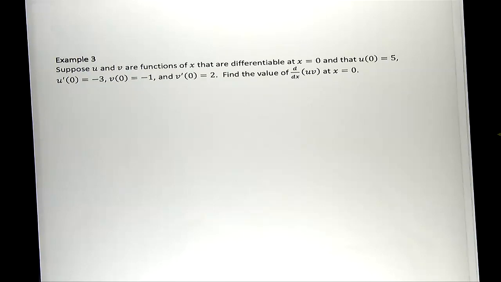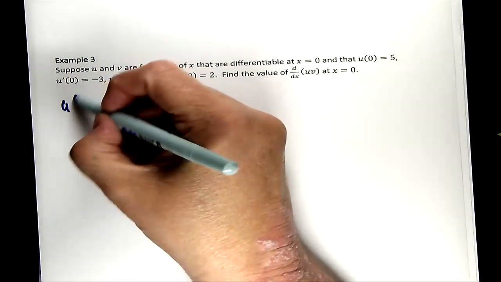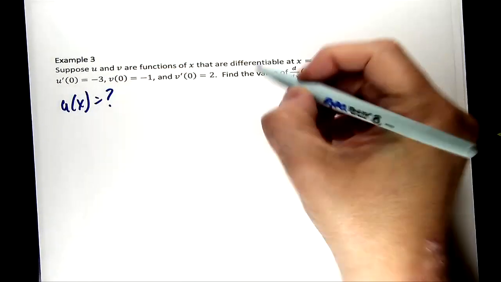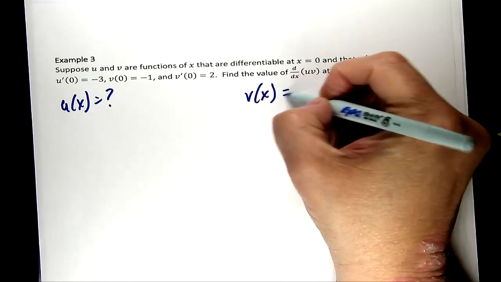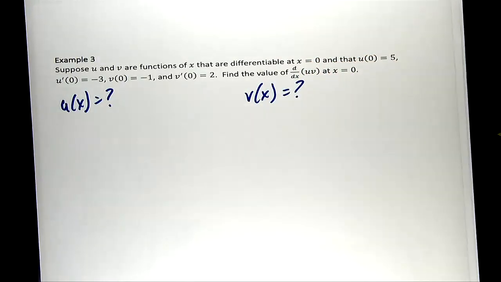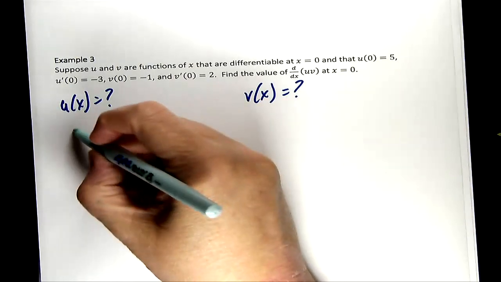So we don't even know what the functions u of x and v of x are. Don't know. Awesome, don't know. We do know how to do the derivative of u and v though.